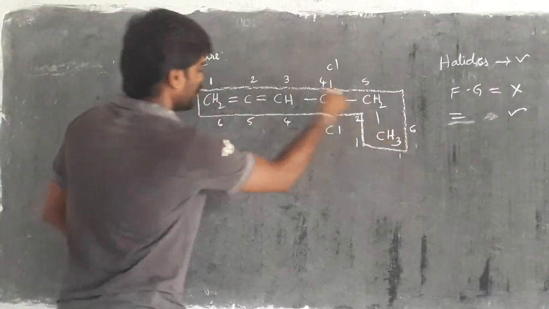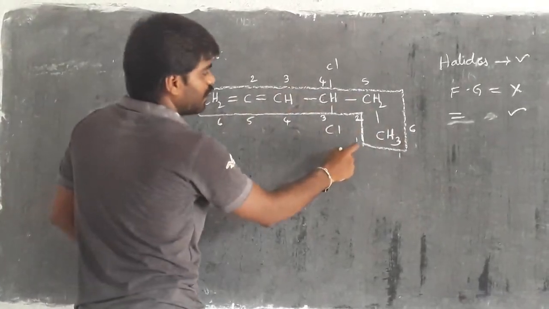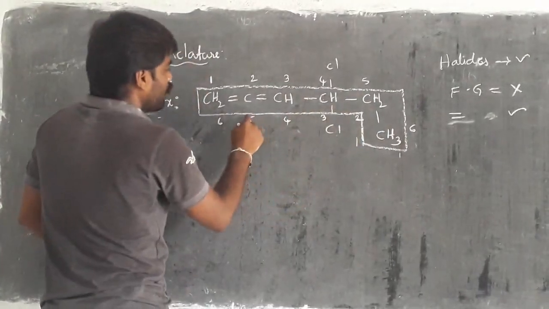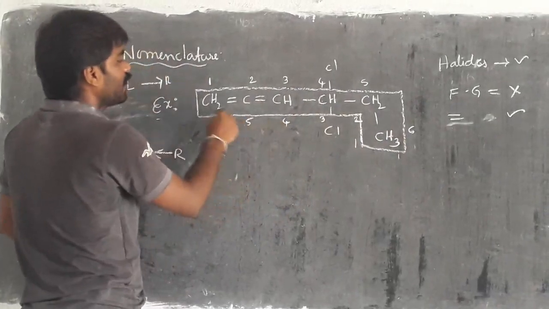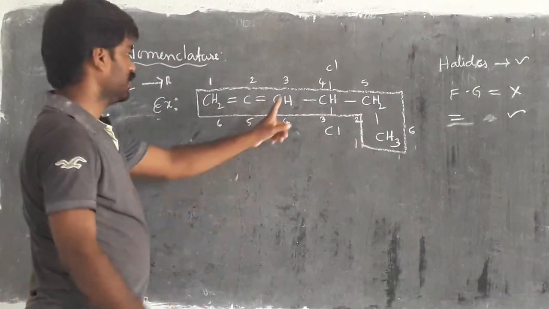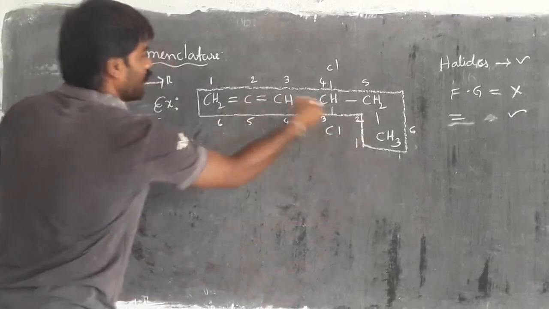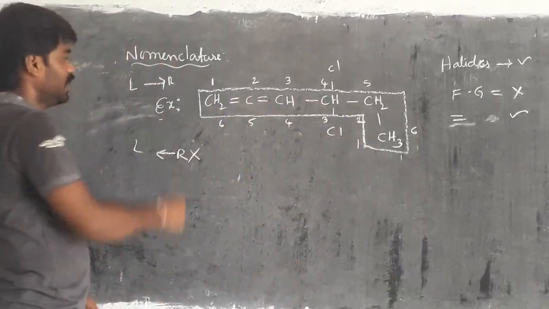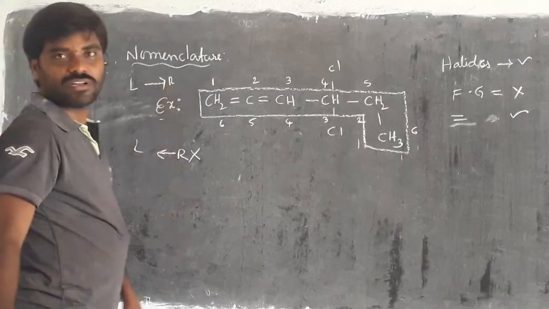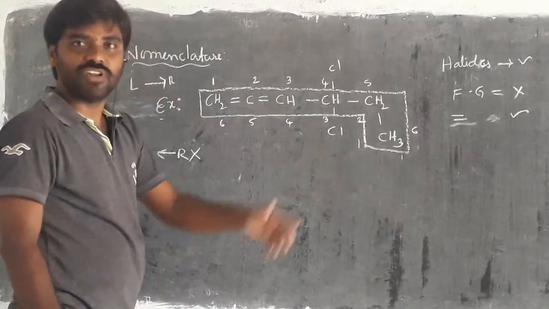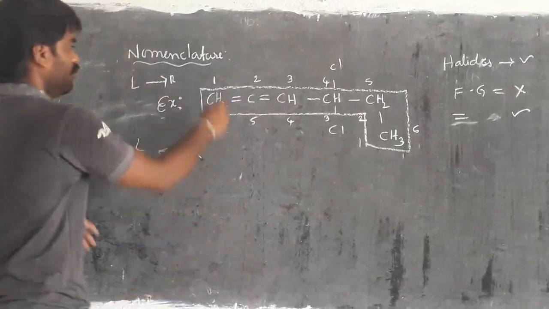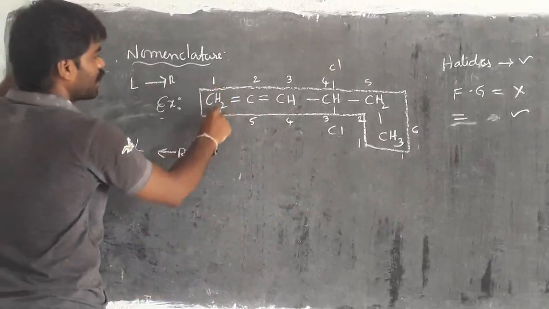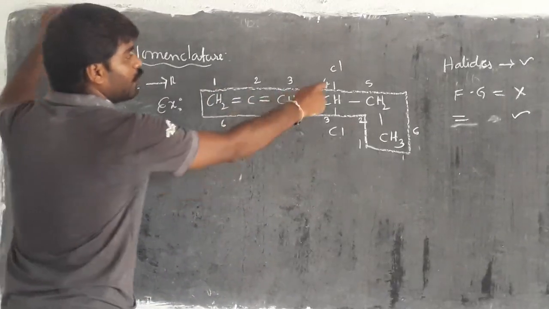For that, here the double bond is on first carbon and second carbon from left to right direction. But when we come to this side, fourth carbon and fifth carbon have the double bond, from right to left. So this is the incorrect one and that is the correct one. Right? So we have to verify with the lowest sum condition. First we look into the left to right direction: first carbon, second carbon and fourth carbon.